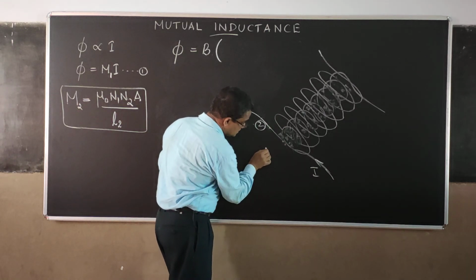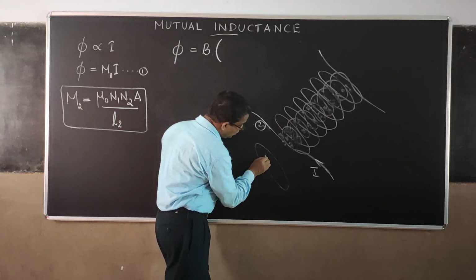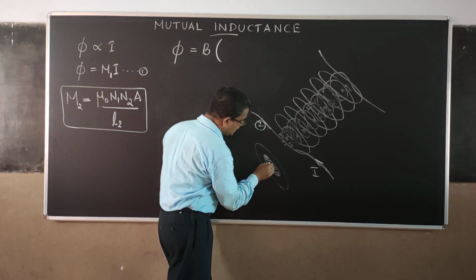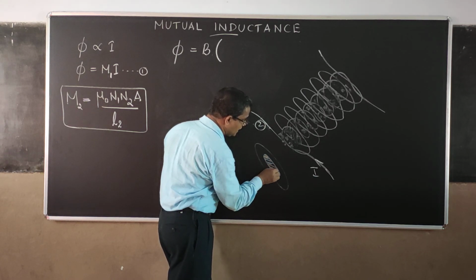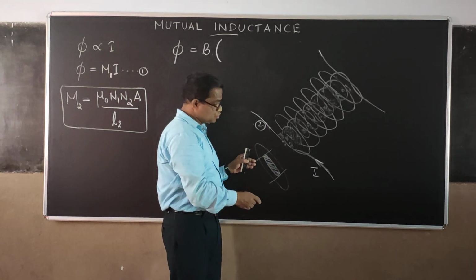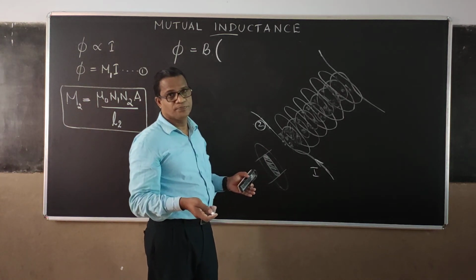So if this is the total area of the outer coil, only this much part of the outer coil area is now linking with the magnetic field. So you have to consider only this much area of the outer coil.